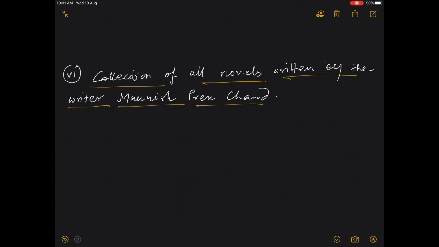Now you see, the collection of novels written by a particular writer is well defined, because we can easily identify whether a particular novel is written by this writer or not. That's why this collection is also well defined. I hope you have understood this.